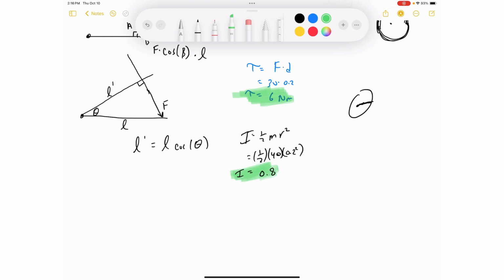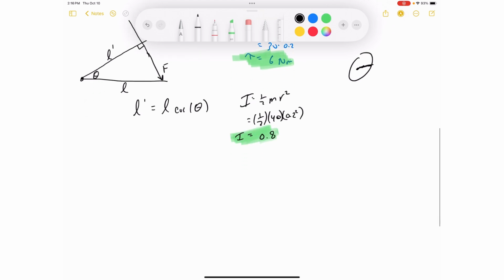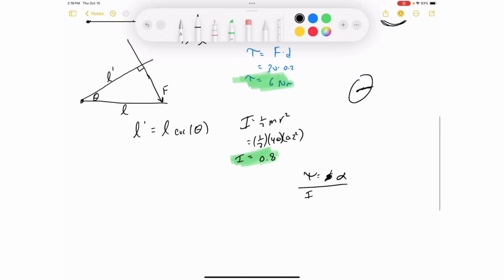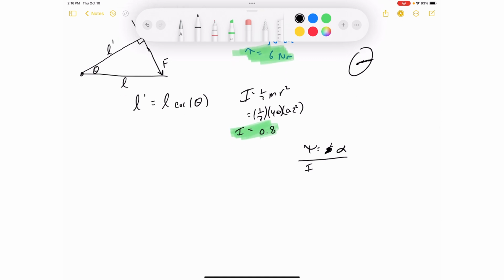Okay, so if you know that, then remember, it's tau equals I alpha. And so all you have to do is divide by I. So alpha is just tau over I. Tau is 6 Newton meters, and I is 0.8.